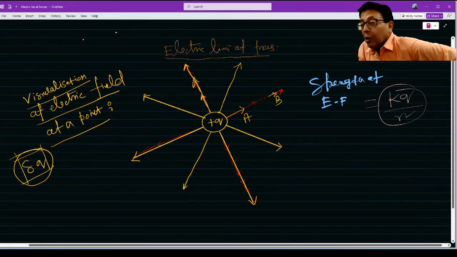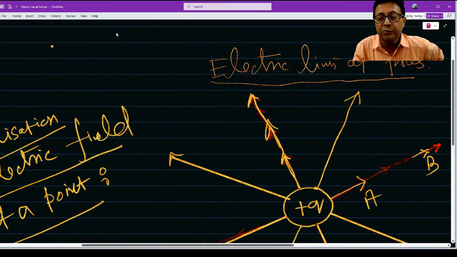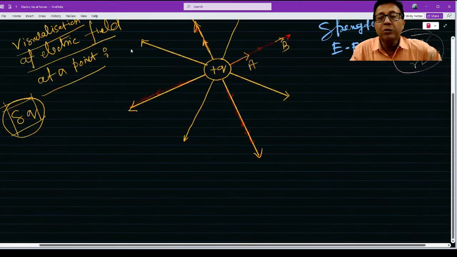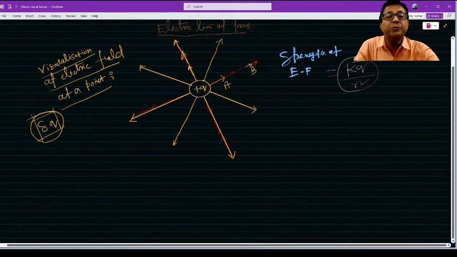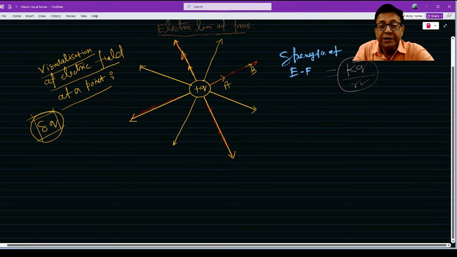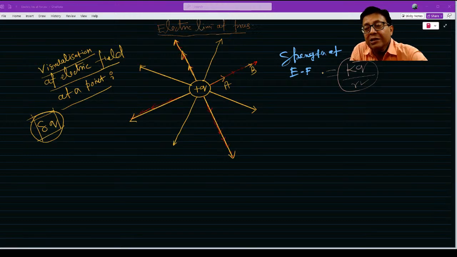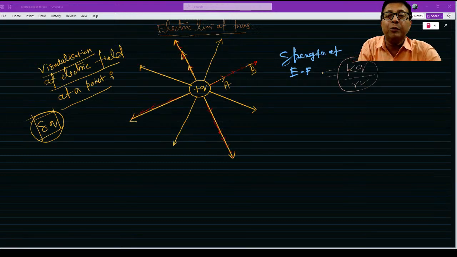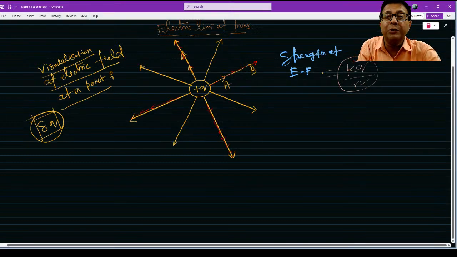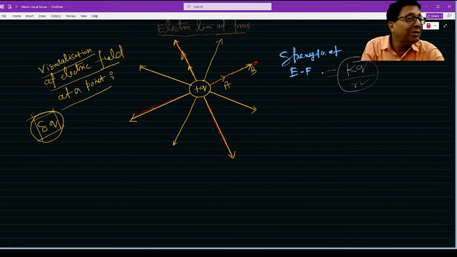Okay? All these will come under the properties of electric lines of forces. But right now, we'll just draw lines of forces due to positive charges. They are directed radially outward because it is the direction of force experienced by a vanishingly small positive charge. That's why the lines of force are outward.